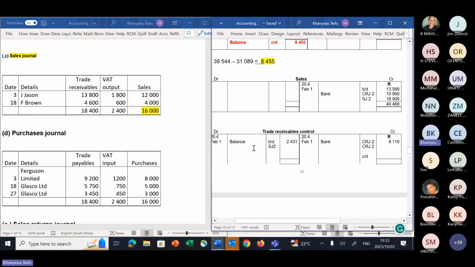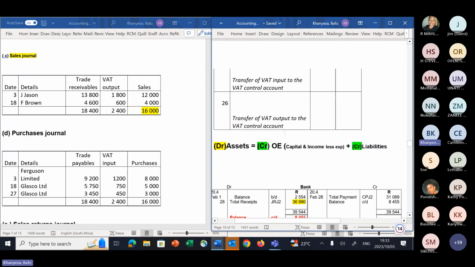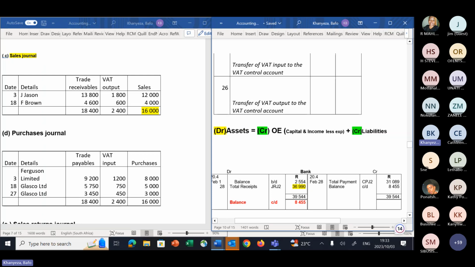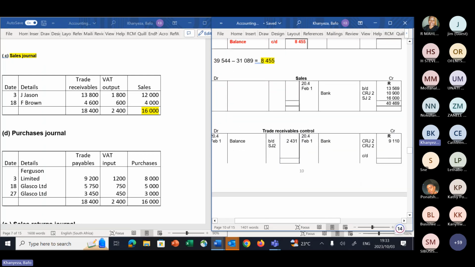So that's why we have to know whether it is an asset or a liability. Trade receivables are an asset, because these were credit sales. So then we're going to have it as sales channel, which is how much? 18,400.